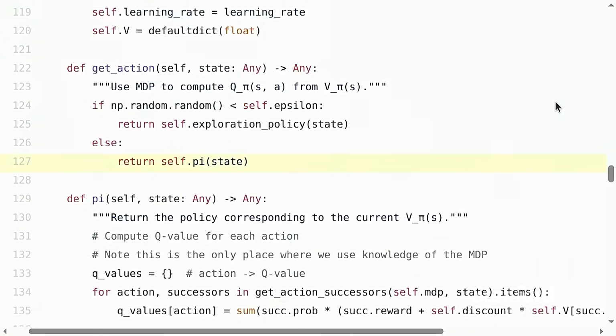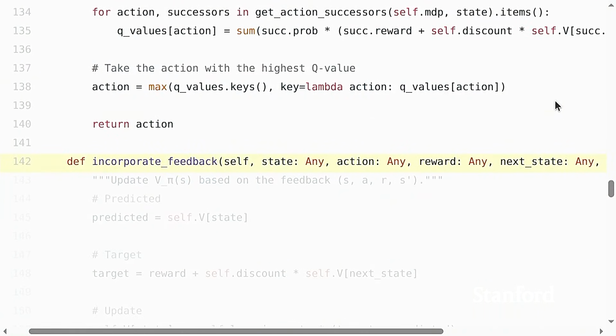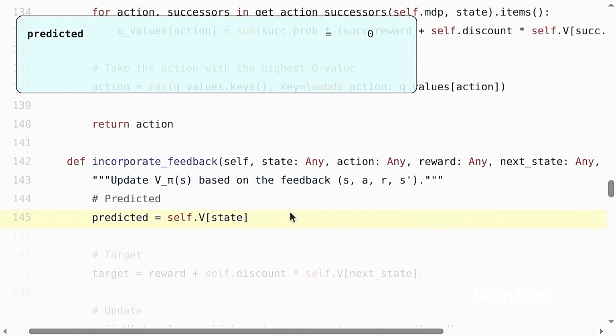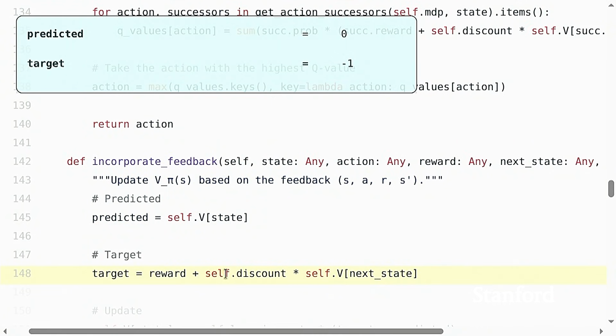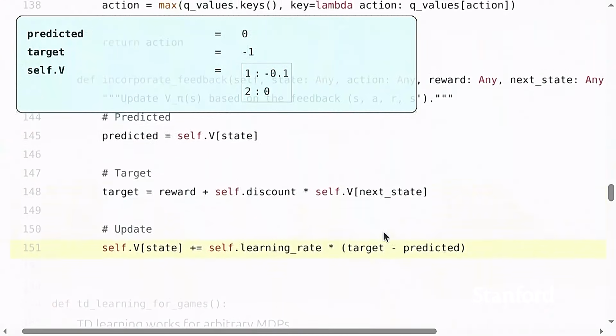And now when I act and the environment sends me feedback, this is what I do. I look at the predicted value of a given state. I look at the target, which is the reward plus the discounted value of the next state. And then I perform this update. Notice I'm not doing any function approximation here, for simplicity. If there were function approximation, I would form a loss function and take the gradient, but I'm just keeping it simple for now.